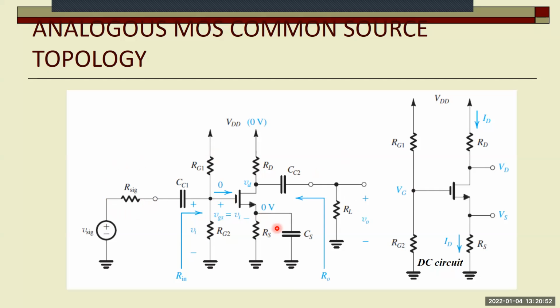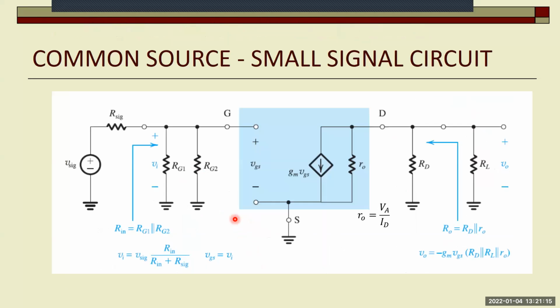All right, the source, since it's bridged, it's going to be connected to ground. And the input voltage, or the voltage between the gate and the source or ground, is basically VGS. What else?